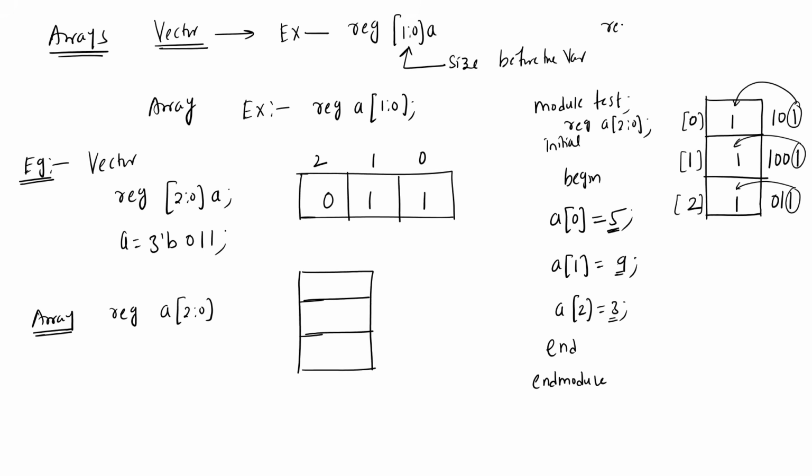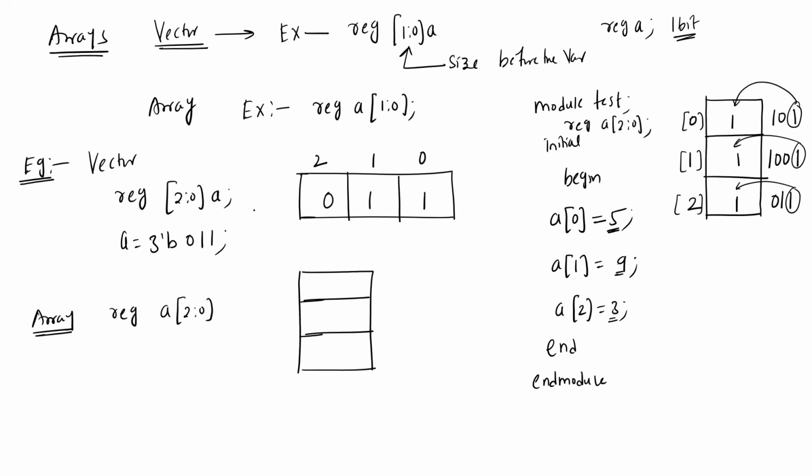As I told you, reg A means how many bits? Single bit. So once we are assigning this, we cannot retrieve the 5 again. A of 0 no longer will have 5. It will have a single value like 1 only.